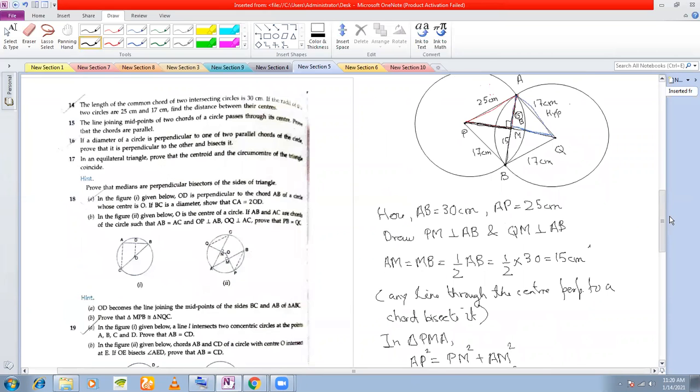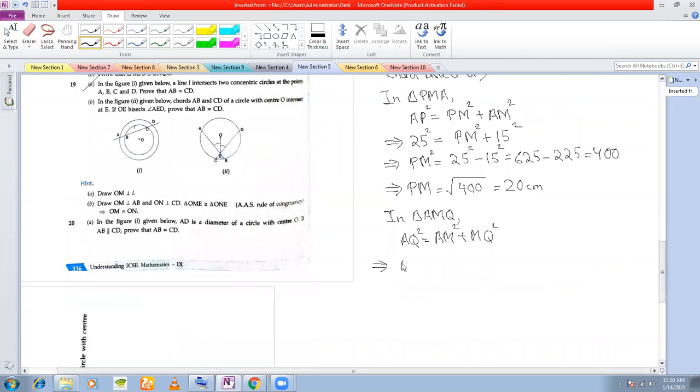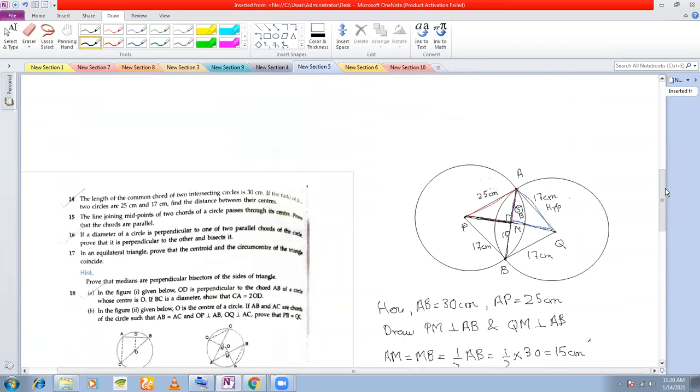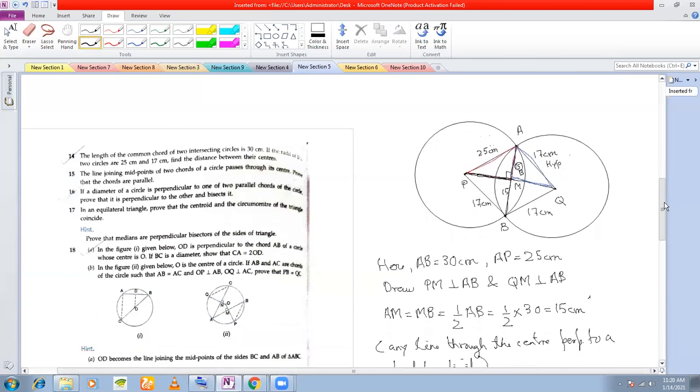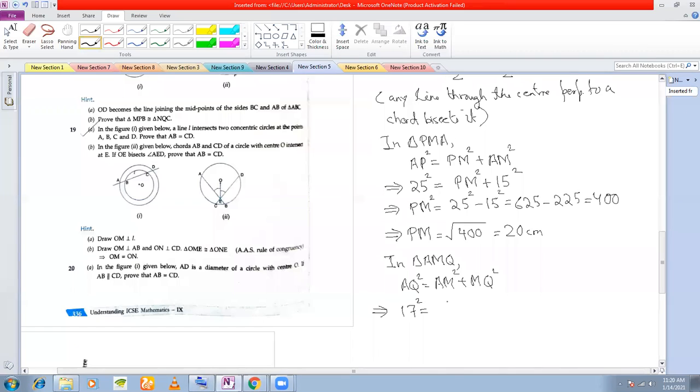Just put the values here. AQ square is 17 square. AM square, if you see in the figure, AM is 15, right? 15. And MQ we need to find out. So MQ square will be 17 square minus 15 square. 17 square is 289, if I'm not wrong, right?